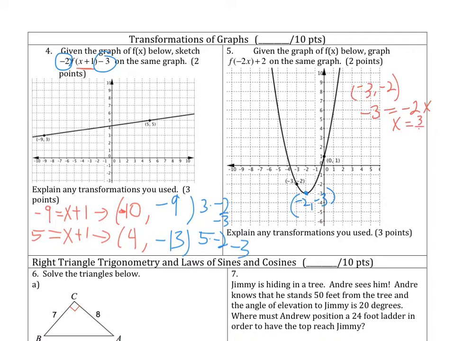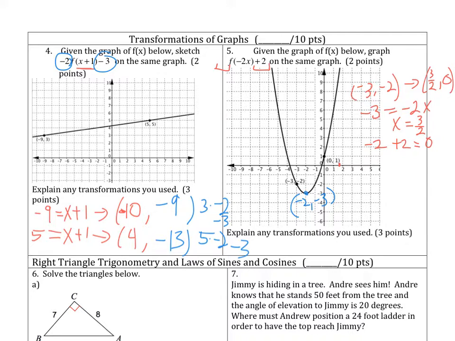X is equal to 3 over 2. Now the y, I've got -2, nothing being multiplied, plus 2 for the end of this is equal to 0. My new point would be 3 over 2, 0. So that would be here.